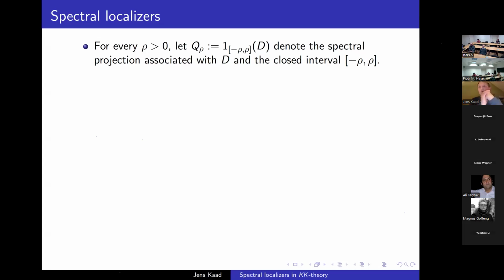Because capital D has compact resolvent, your Hilbert space has an orthonormal basis of eigenvectors, and all the eigenspaces are finite dimensional. So I look at the direct sum of all the eigenspaces where the eigenvalue belongs to this closed interval from minus rho to rho, and then I look at the corresponding projection onto this direct sum of eigenspaces. That's what the spectral projection is in this case.